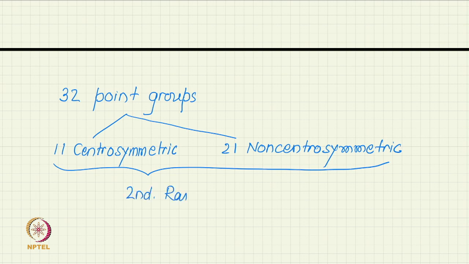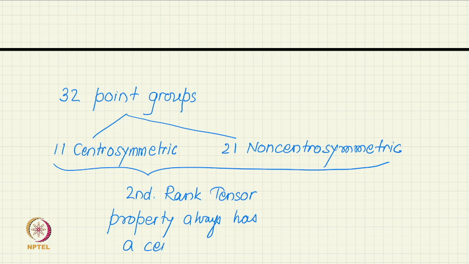So, a second rank tensor property always has a center of inversion, whether the crystal possesses that center or not.